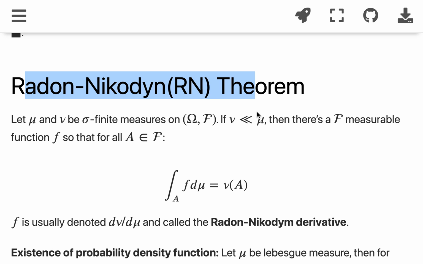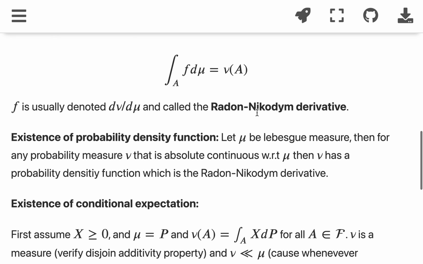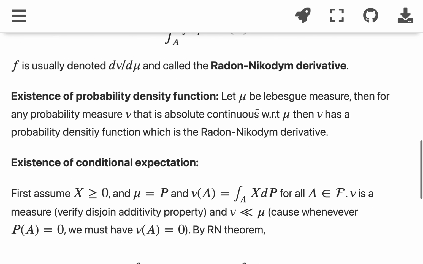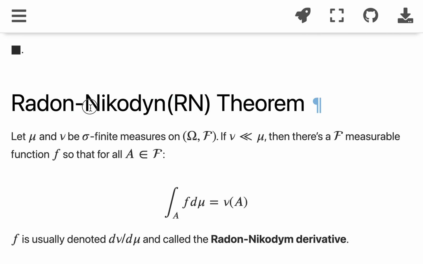The condition for the existence of a probability density function, and also the existence of conditional expectation, is guaranteed by the Radon-Nikodym Theorem.